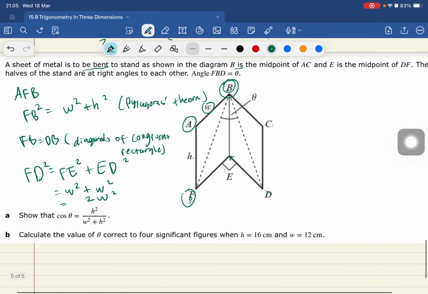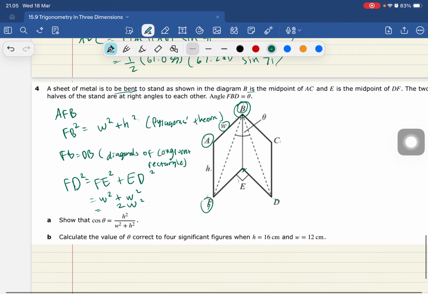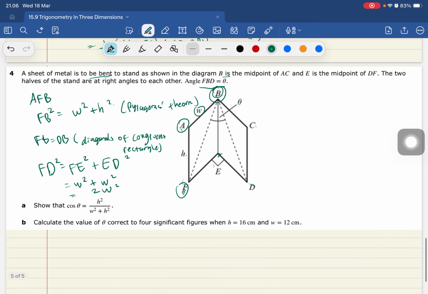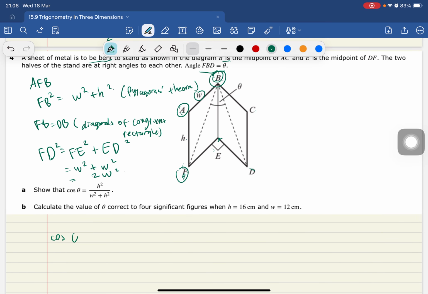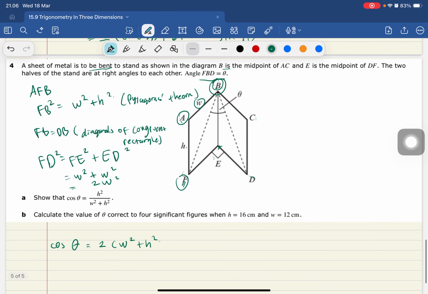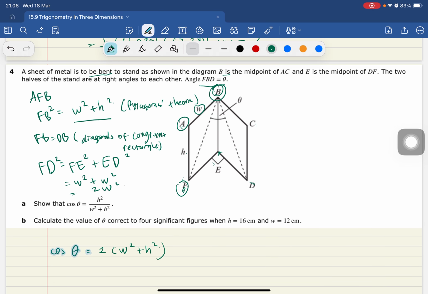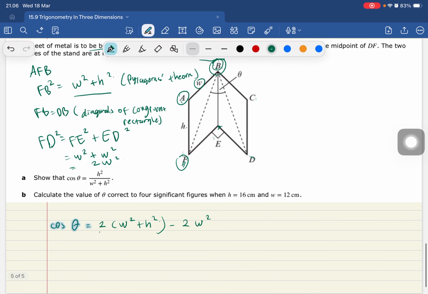Now we are using the cosine rule. Look at it, angle FBD equal to theta. So we can use cosine theta equal to 2 times W square plus H square, and then we minus 2W square, then lastly we divide with 2 times W square plus H square.